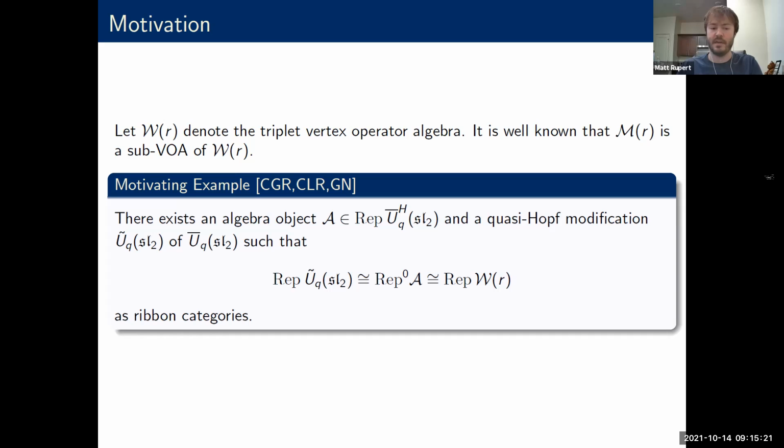So this is where the word unrolling in the paper comes from. You start with something like the small quantum group, you introduce these generators H, and then when you look at categories of local modules over commutative algebra objects, these are actually representation categories over the small quantum group with some sort of modified quasi-Hopf structure.